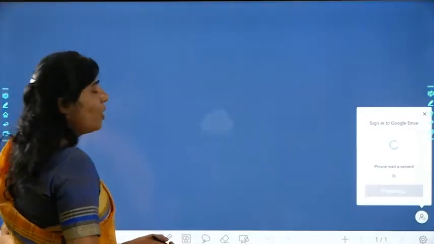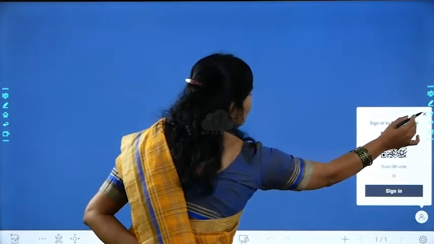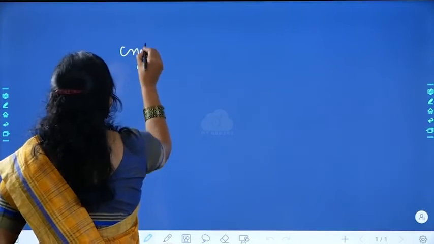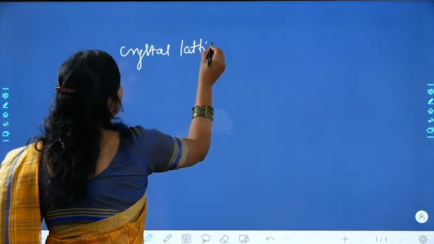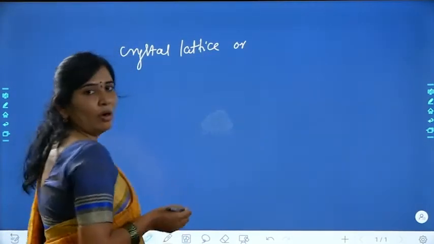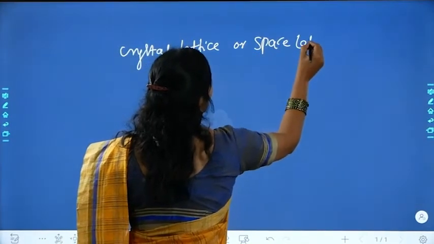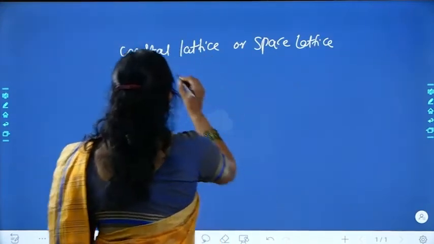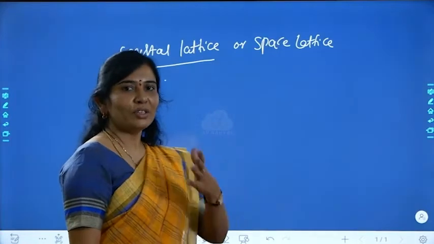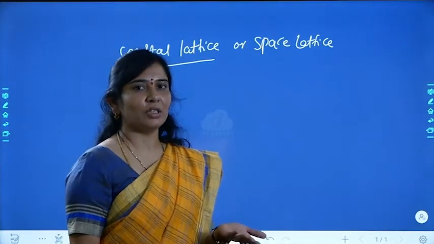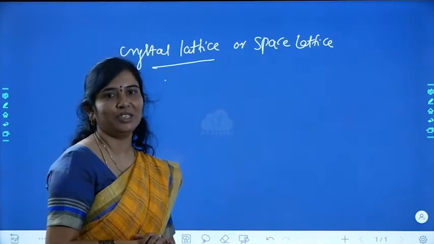Now, what do you mean by crystal lattice? Crystal lattice, or we can call it by another name, space lattice. We have discussed in the previous video that a crystal means an ordered arrangement.